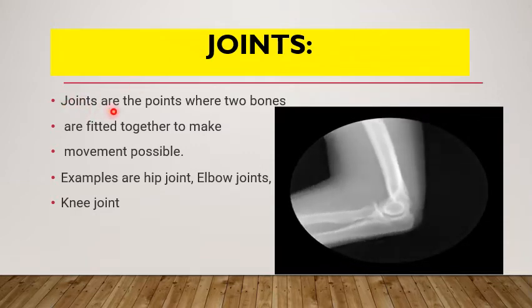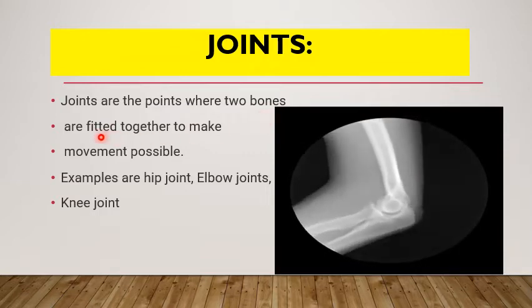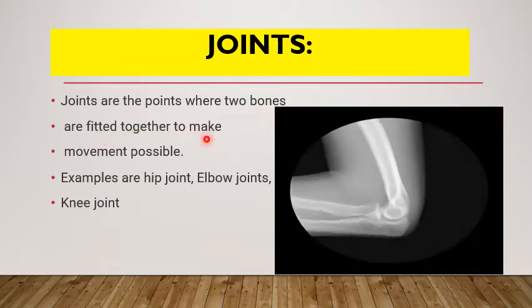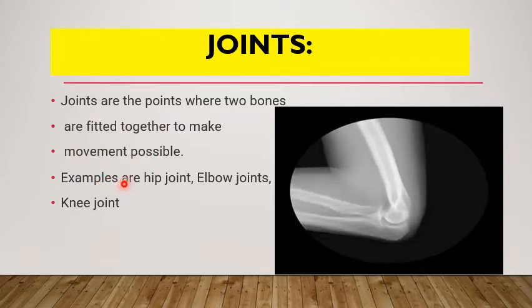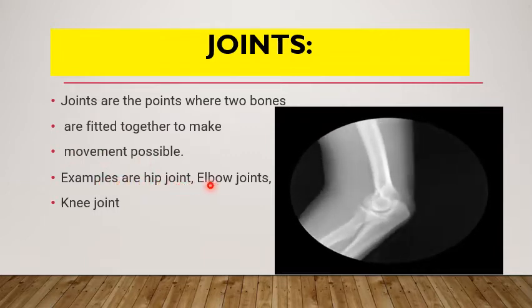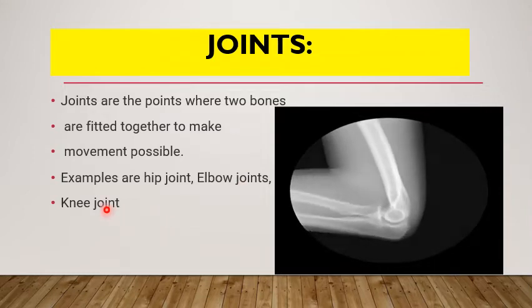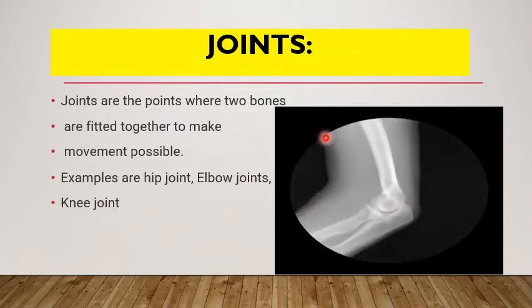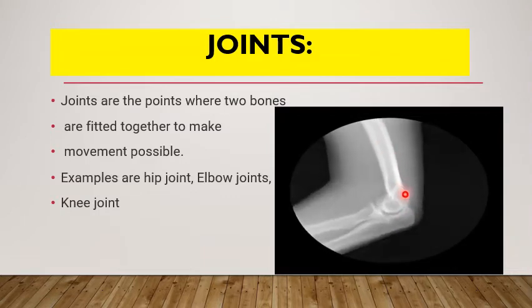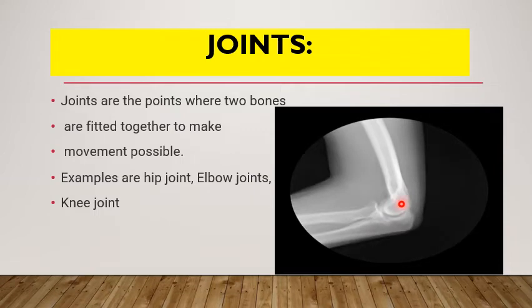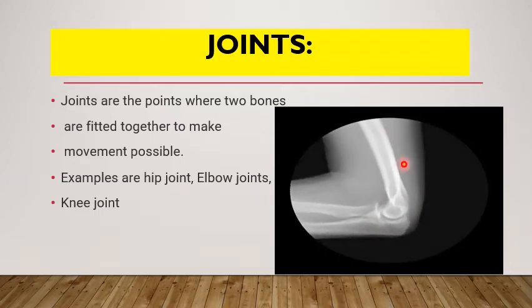So joints are the points where two bones are fitted together to make movement possible. Examples are the hip joint, elbow joint and knee joint, as you are seeing in this picture. So this part where two bones are joined together and they are moving only in one plane, that is called joints.